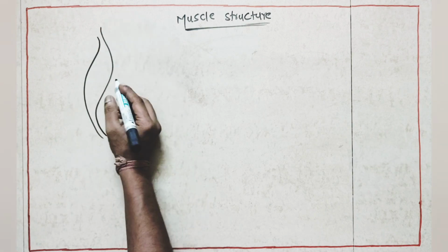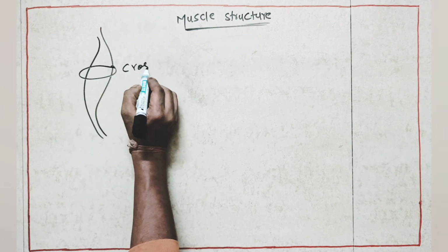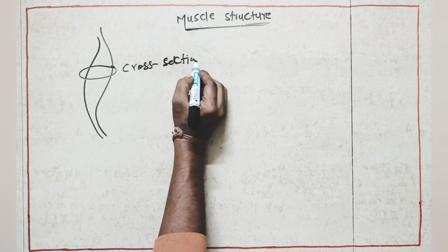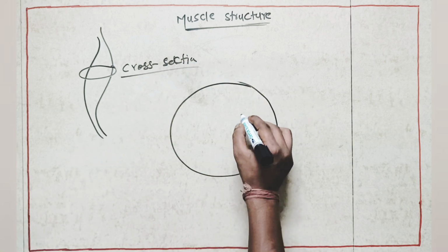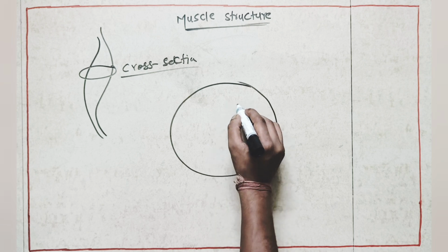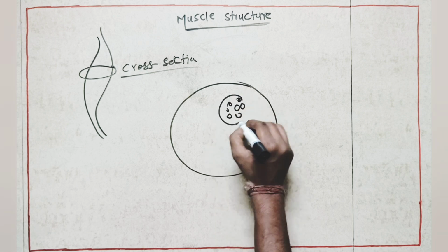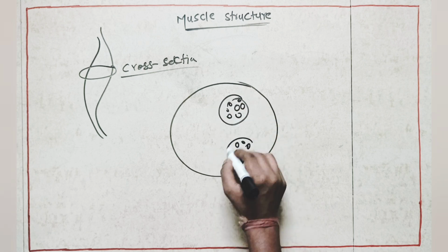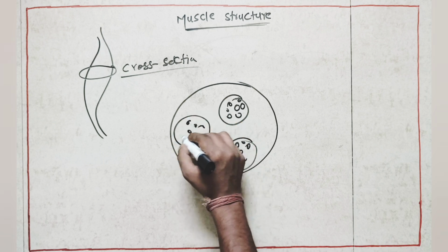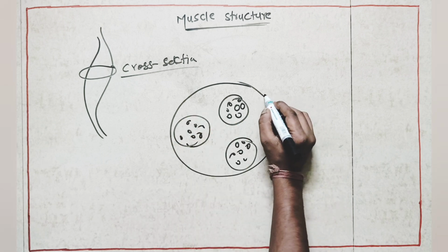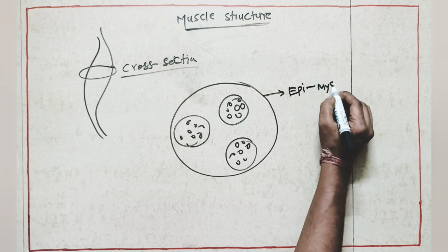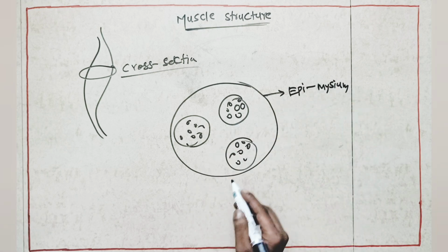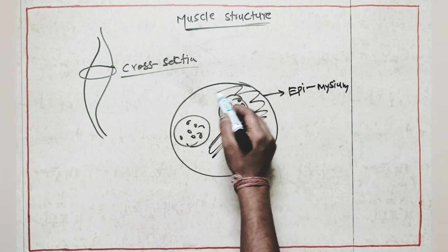Suppose this is our muscle. If we do a cross section of that muscle, how will it look? This is the cross section of the muscle. Inside the muscle we have fasciculi, here and here also. These are the muscle fasciculi. The outer layer of the muscle is called epimysium.